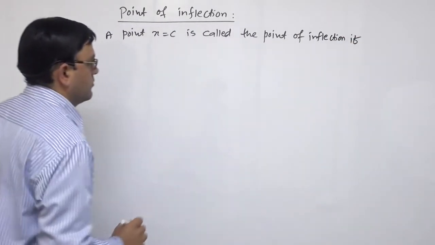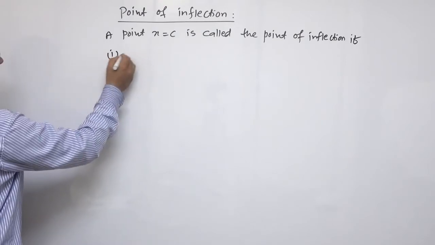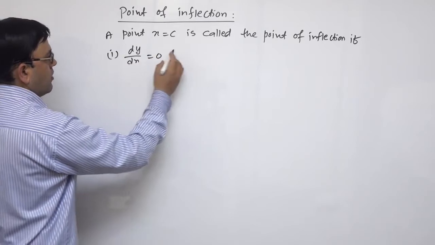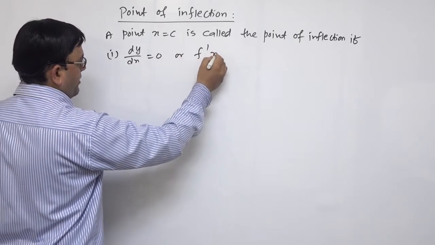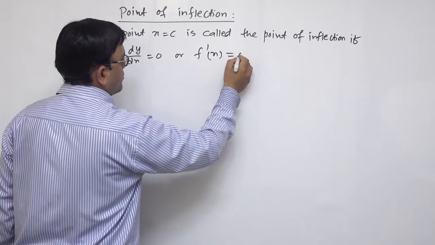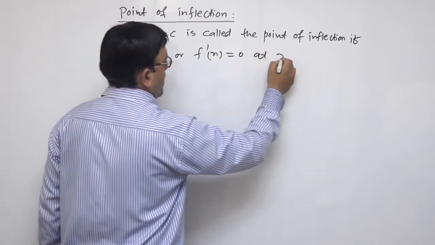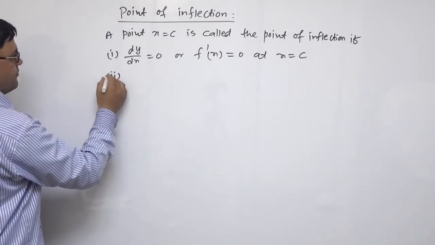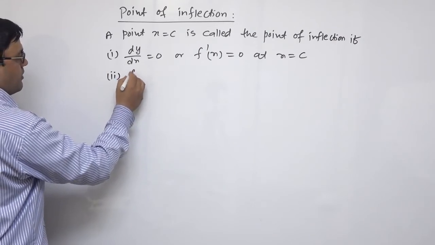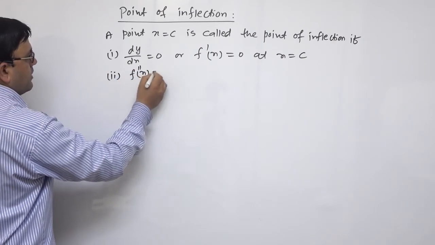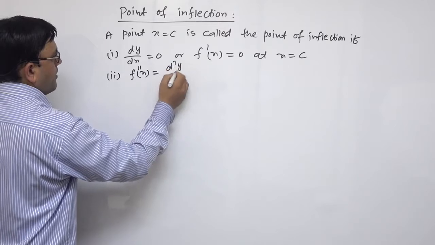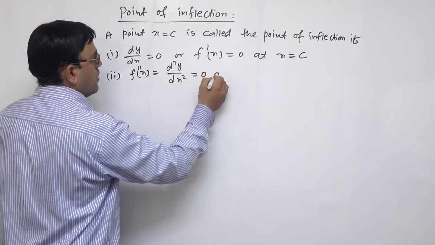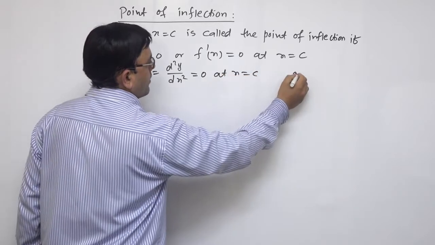if first, dy by dx, the first derivative, is equal to 0, or we can write for the first derivative f dash x is equal to 0 at x is equal to c. Second, f double dash x is equal to 0, this means d square y by dx square, the second derivative, is equal to 0 at x is equal to c.